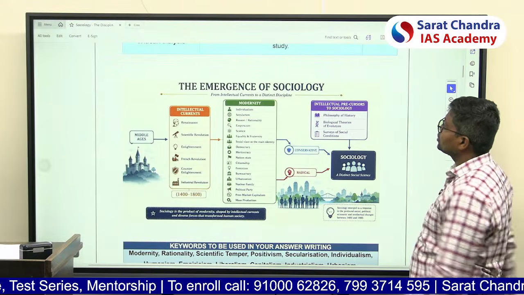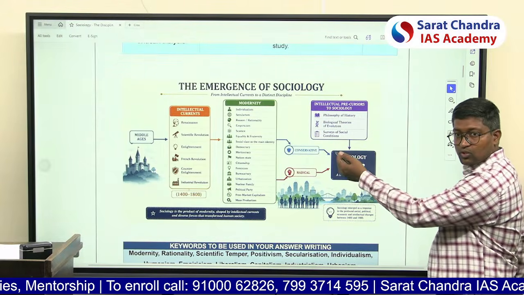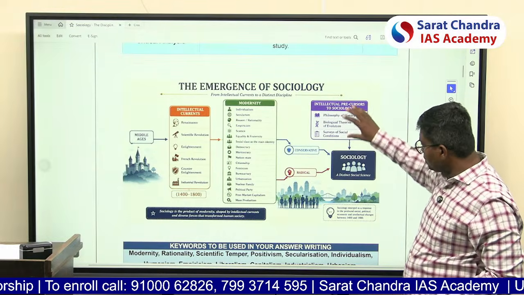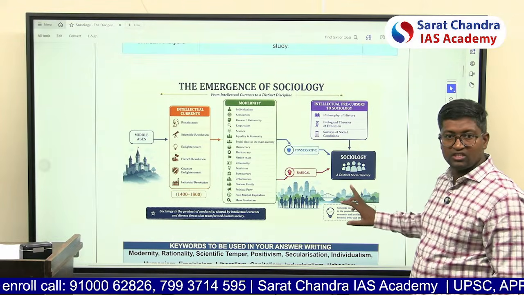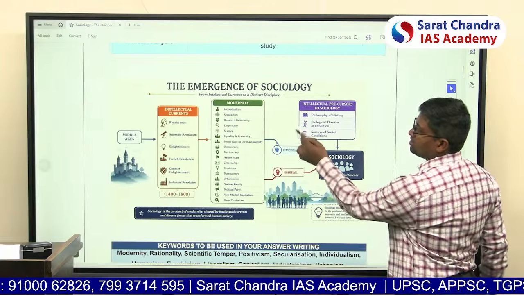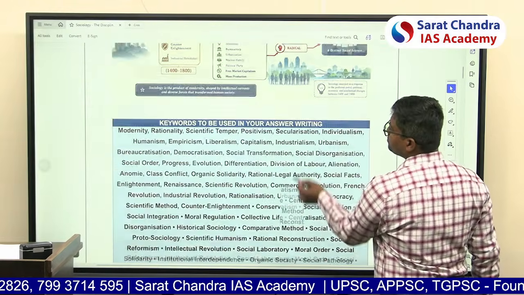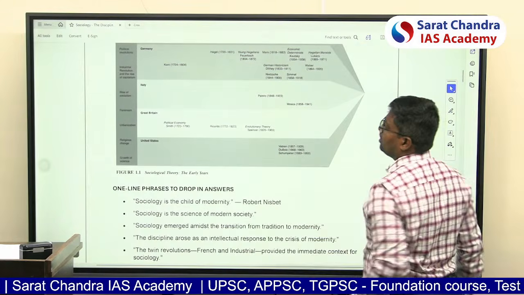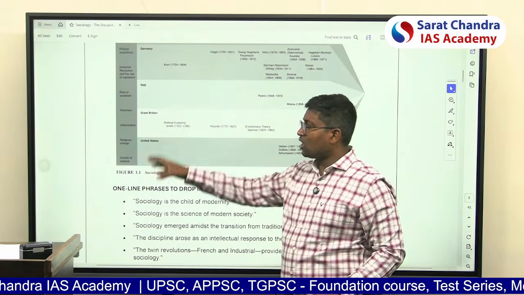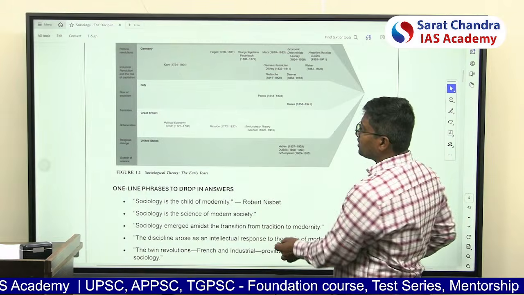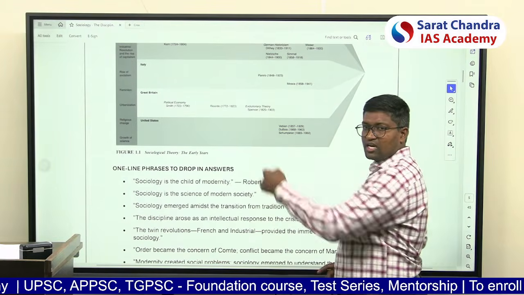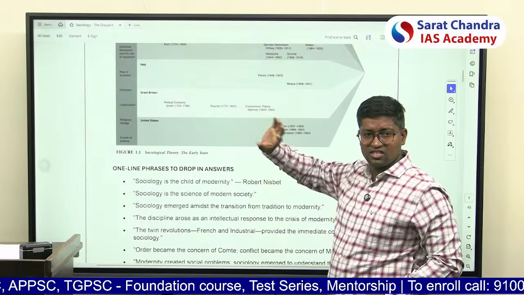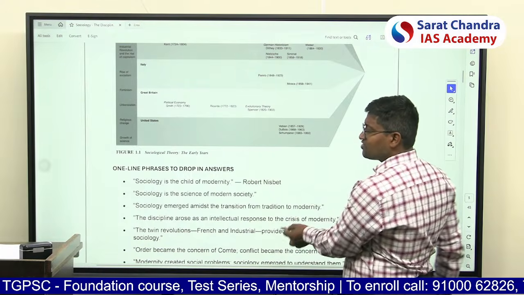These are the intellectual precedents, and this all led to the rise of sociology as a distinct discipline. I try to include these keywords also, and how the different phases unfolded. This is just for your understanding, so that you will have a clear idea of how things have shaped.